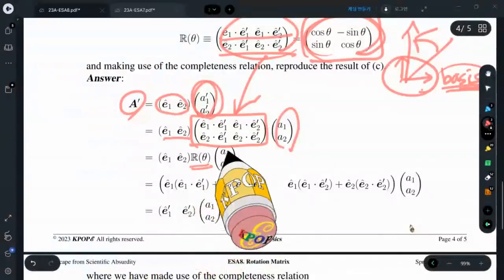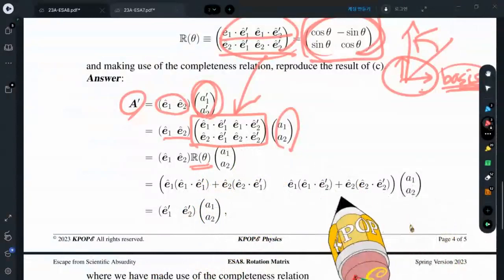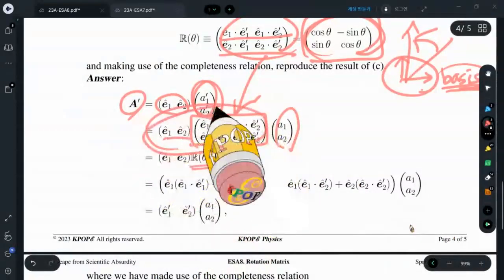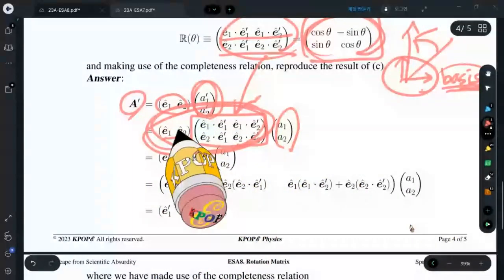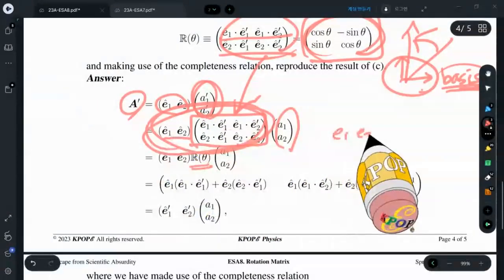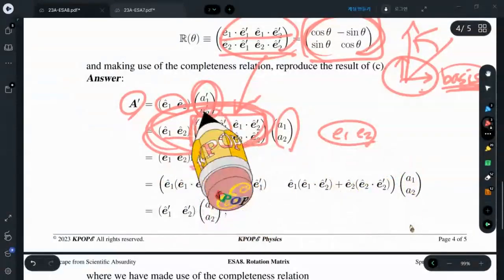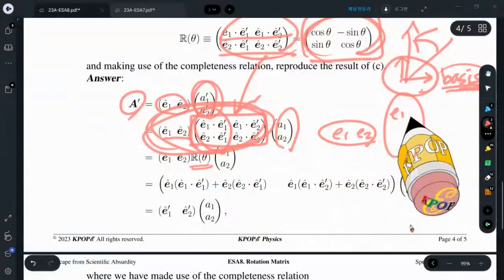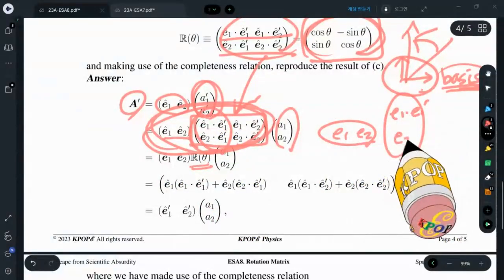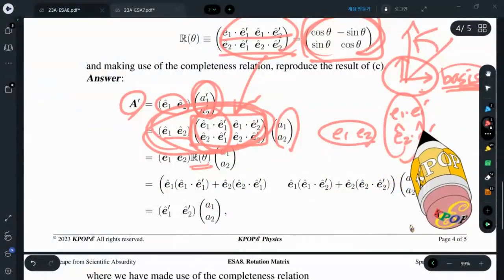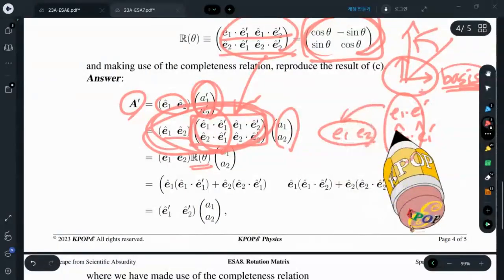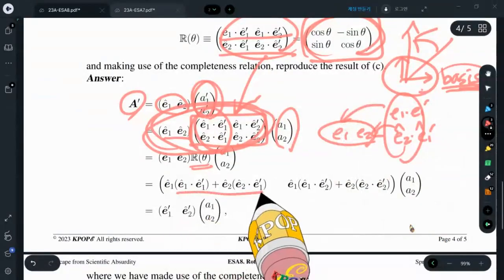And if I expand this multiplication, so E1, E2 is here, and this is E1 dot E1 prime, E2 dot E1 prime. So multiply these and add them up.